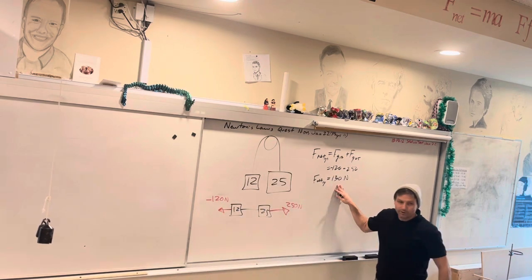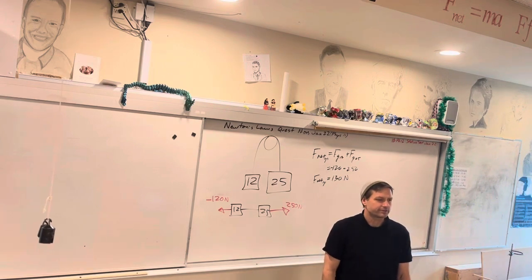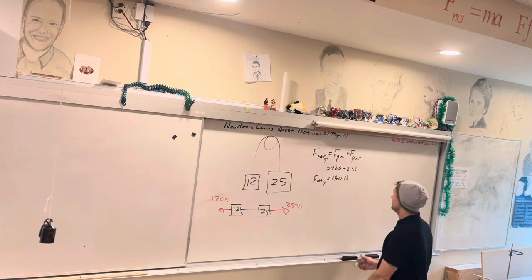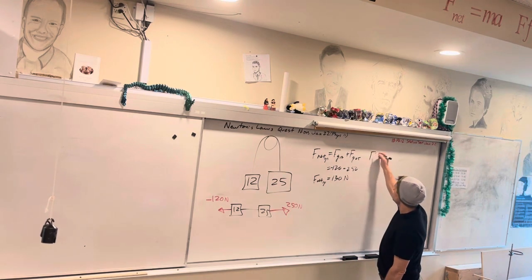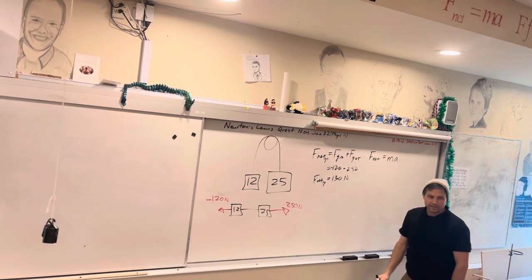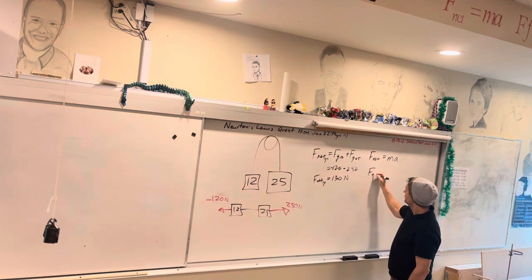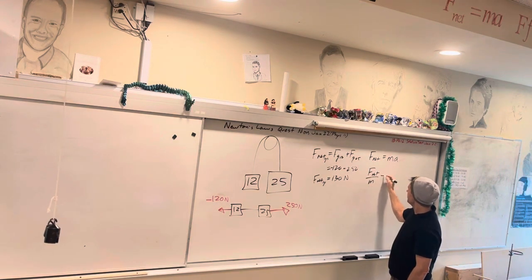So this is my net force. What are we gonna do with that? Where do we go from there? Yeah, good. As Maddie says, we're gonna find the acceleration, so we're gonna say F net equals ma. And so I'm going to solve for A by dividing my mass underneath.